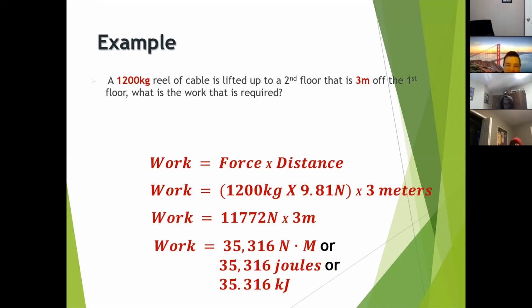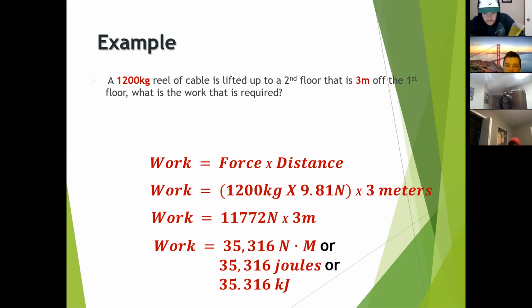So we got to lift this off the first floor, and what is the work required to do so? Once again, we go back to our basic formula. You write that thing down. Work is equal to force times distance. And then you plug in the numbers. We've got our force, 1,200 kilograms, times 9.81 newtons.